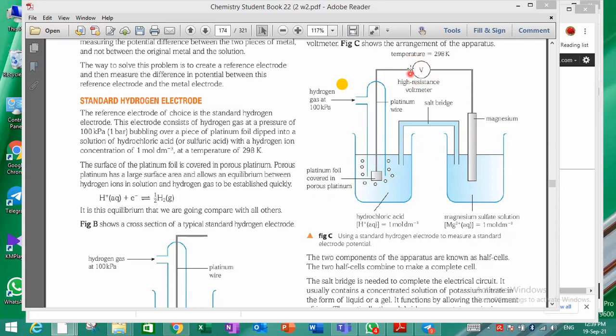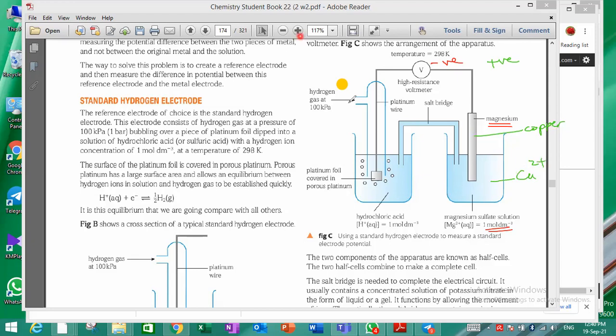Sometimes we get a reading of a negative value, like in the case of magnesium when it is placed in a solution of its own ions, or sometimes we get a positive value, for example if our metal is copper dipped in a solution of copper ions, also 1 mole per decimeter cube.